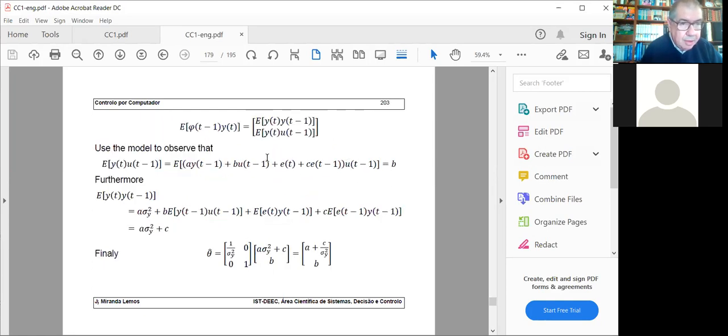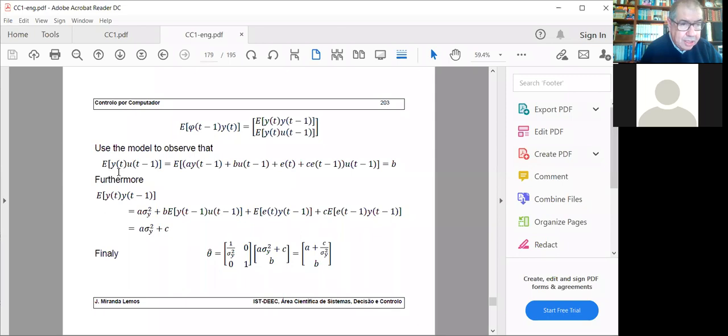Now I use the definition of phi, and phi of t minus 1 is y of t minus 1, u of t minus 1. And again, I use the model. So let's start by computing the second one, which is simpler. Let's start with the expectation of y of t u of t minus 1.